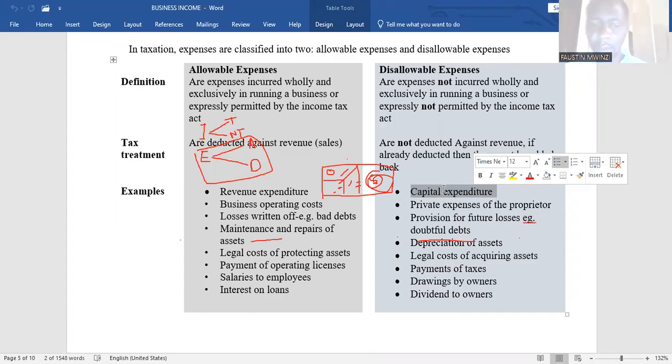I can try. For revenue expenditure, I think these are expenditures that are being used to generate the revenue. For example, the insurance costs, the cost of salaries and so forth.